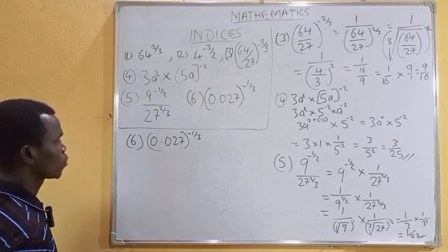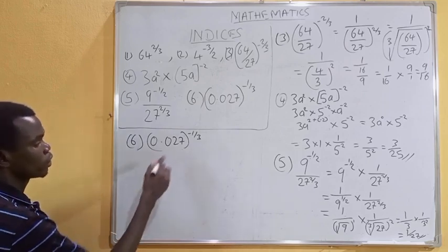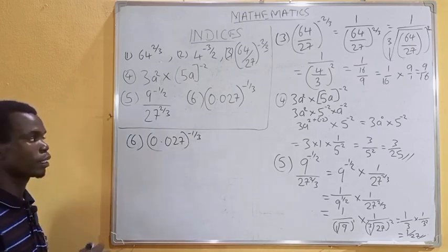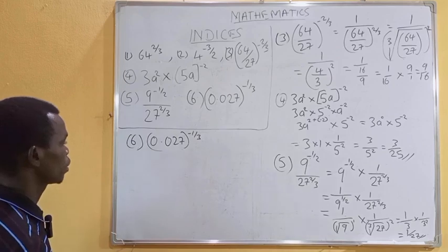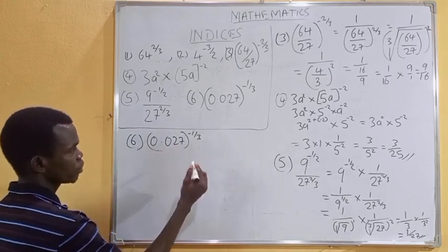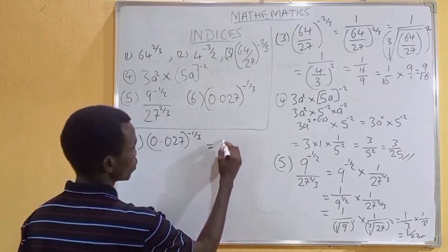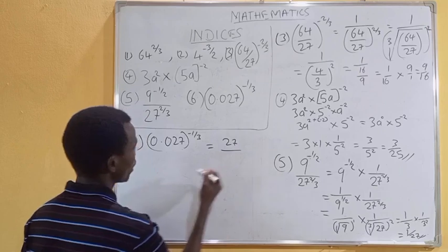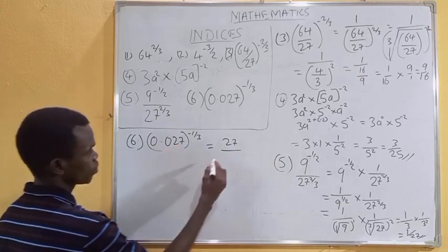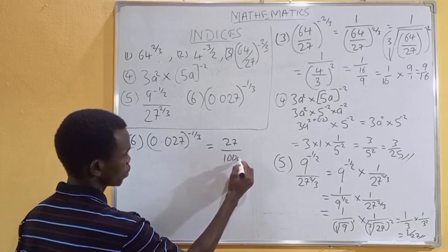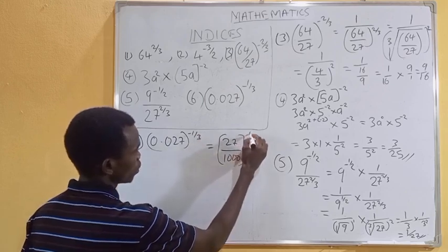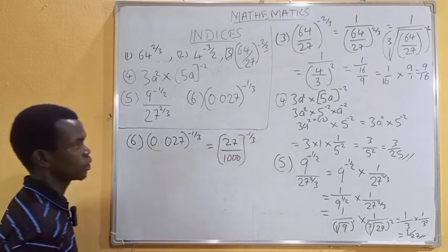From this question, we have to convert the decimal to a fraction, after which we can convert back to decimal. To convert it, the value will be 27 over the number of decimal places, which is 1, 2, 3, that will be 1,000, all raised to the power minus 1 over 3.